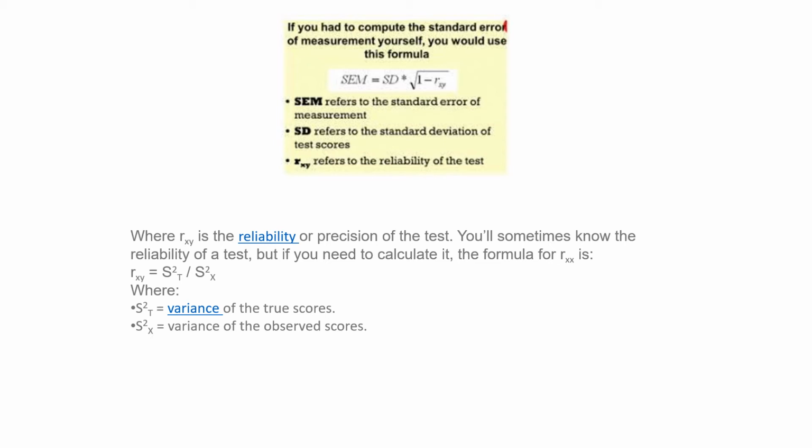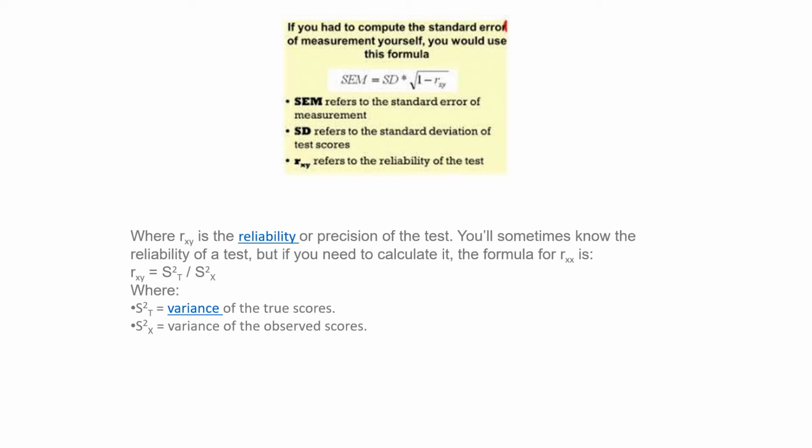If you want to know what variance is and how to calculate it, when you've got a list of scores, you can put the scores in an Excel spreadsheet, highlight them, and select variance. That's how you get it. So that is how you calculate the standard error of measurement.